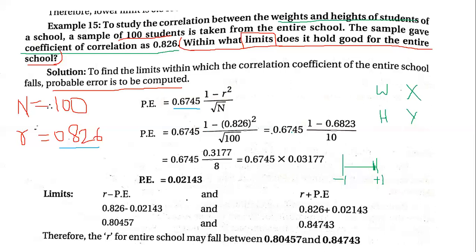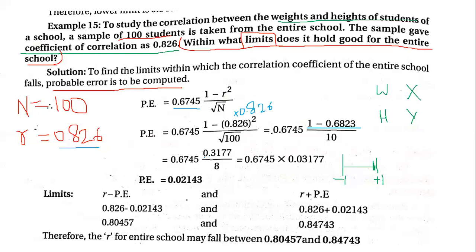Next, continued simplification: 0.826 multiplied by the same number again gives 0.6823, whole divided by square root of 100, which is 10. Going on further, 1 minus 0.6823 is calculated and you will get a value of 0.3177.